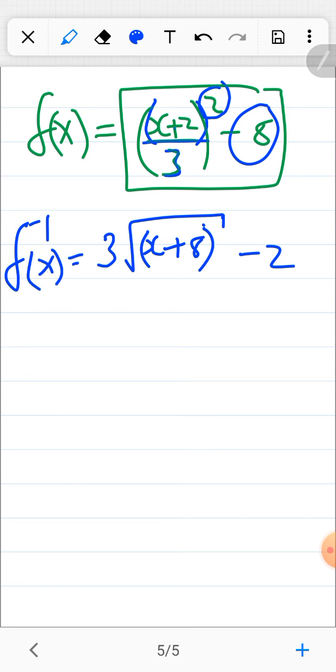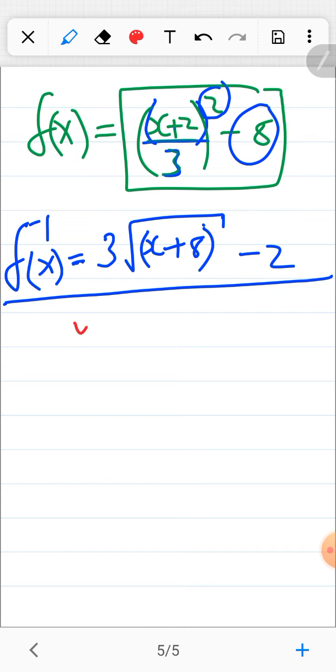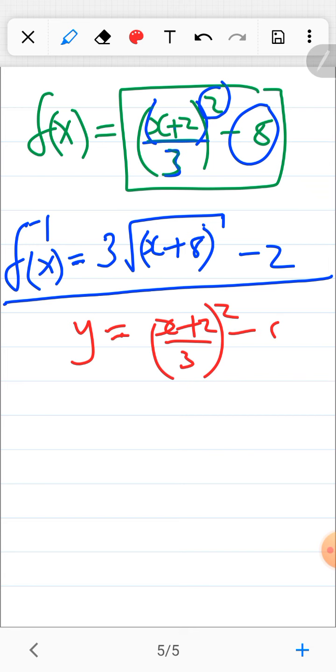Remember, I told you it's just as if you are making x the subject of this thing. That's kind of the process. A simpler way to look at it, or a more methodical way, would be I can say, let me just say y is equal to ((x + 2)/3)² − 8, and then I try to make x the subject.